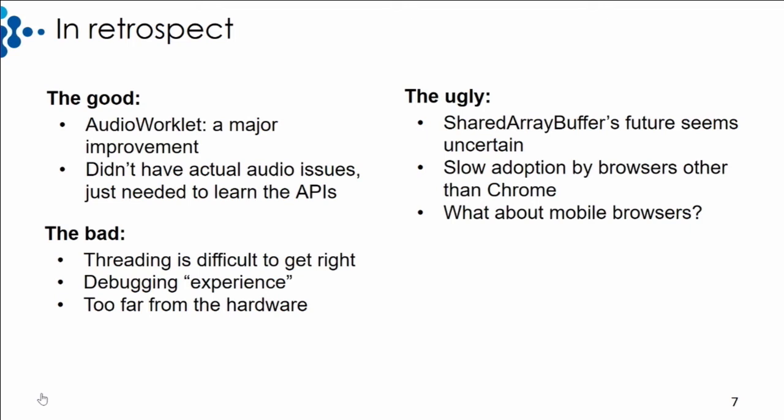And we were really happy to hear that Mozilla seems to finally have a solution in the near future. But what about Safari? What about mobile browsers? It seems like there's still a lot of work to be done here, and I want people to be as nervous about this as I am.